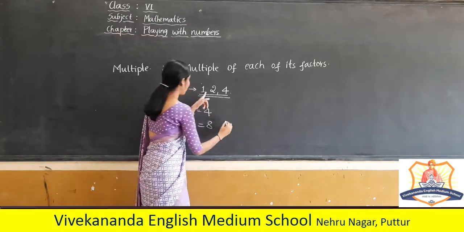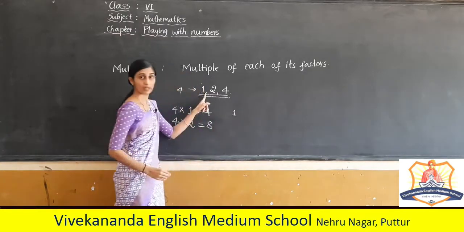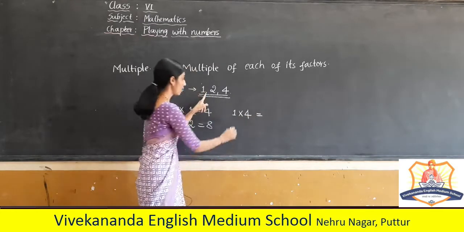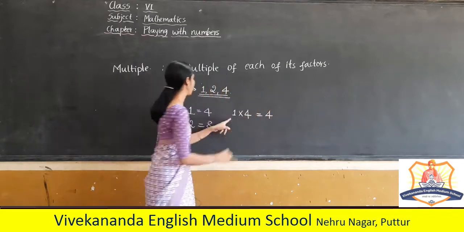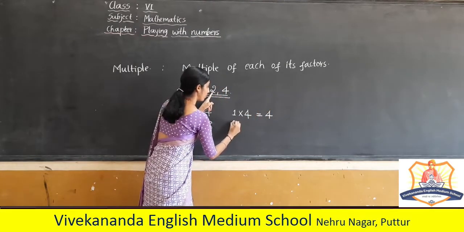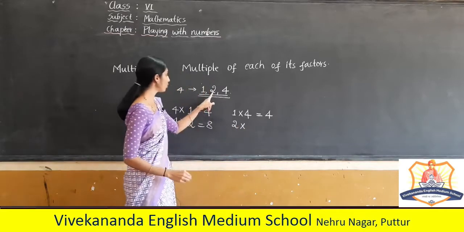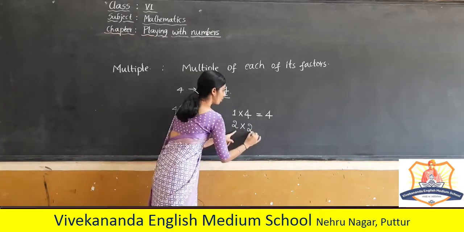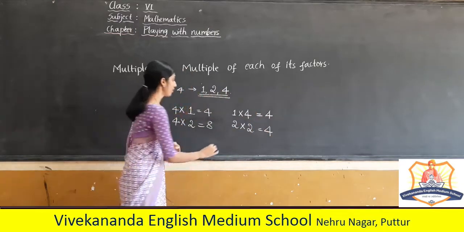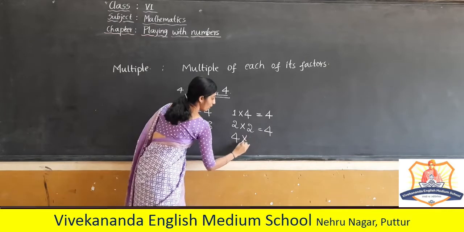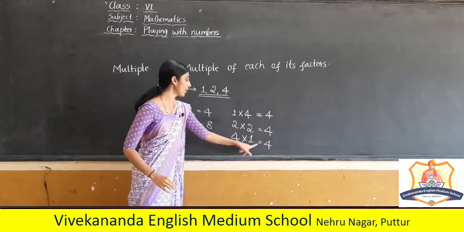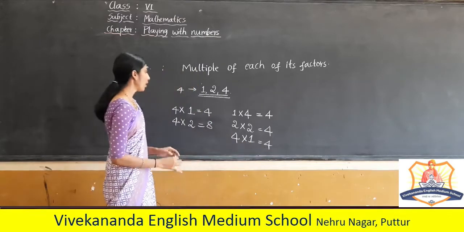And one more. I'll take from number 1. 1 into 4 is 4. If I take 2, 2 into 2 is 4. Again, if I take 4, 4 into 1 is 4.